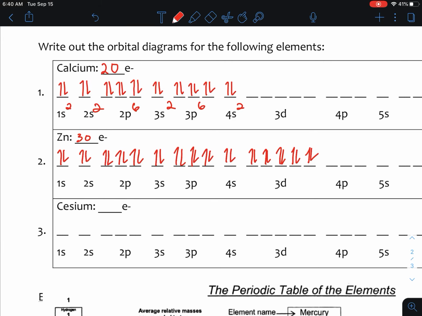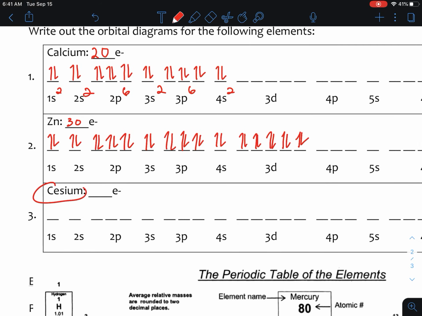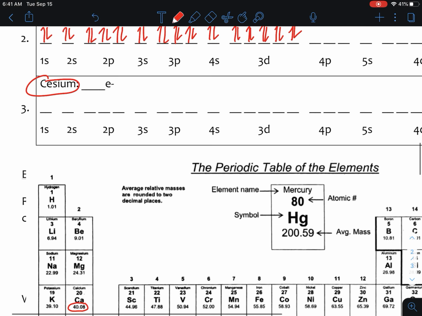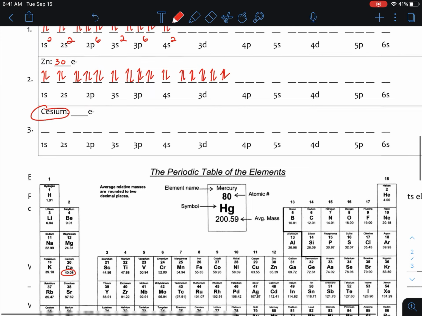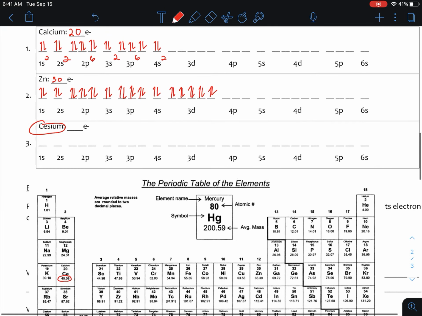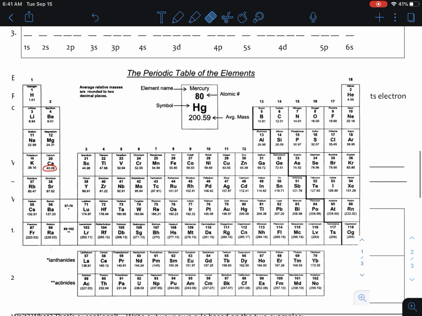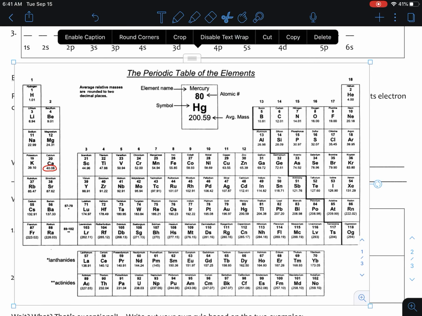That would be the electron configuration for zinc. I'm not going to do cesium. I want you guys to try it on your own. Find your periodic table, find the number of protons, which would be the same number of electrons when the atom is neutral, and you can go ahead and fill that in yourself.